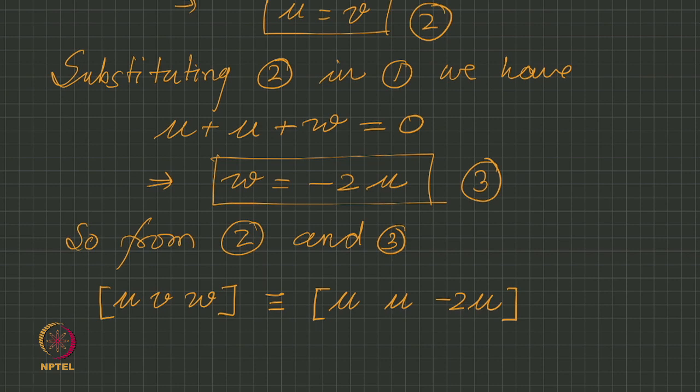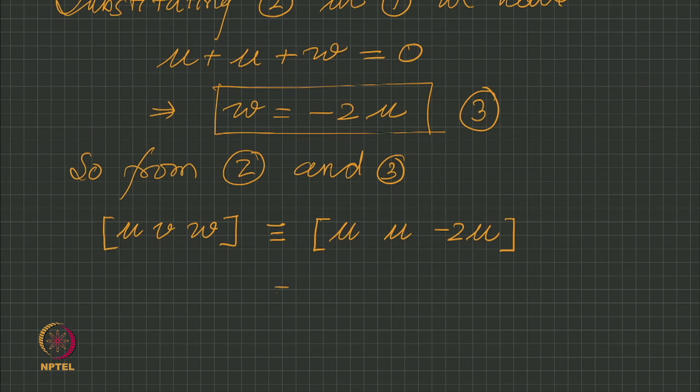So, I have got everything in terms of u, thanks to the God given rule that I can divide by any common factor. u is the common factor now. So, the same direction can be written as 1 1 bar 2.